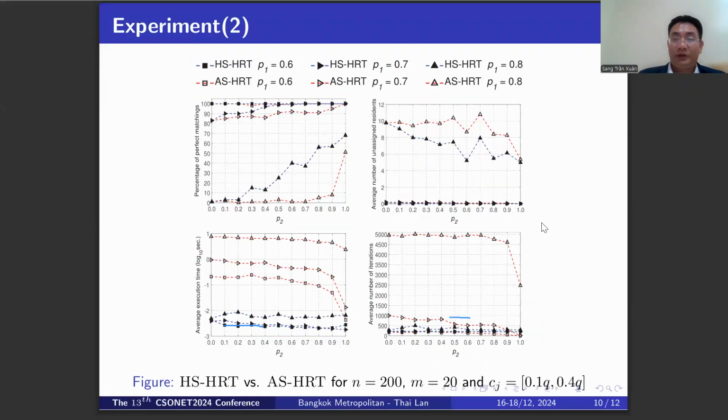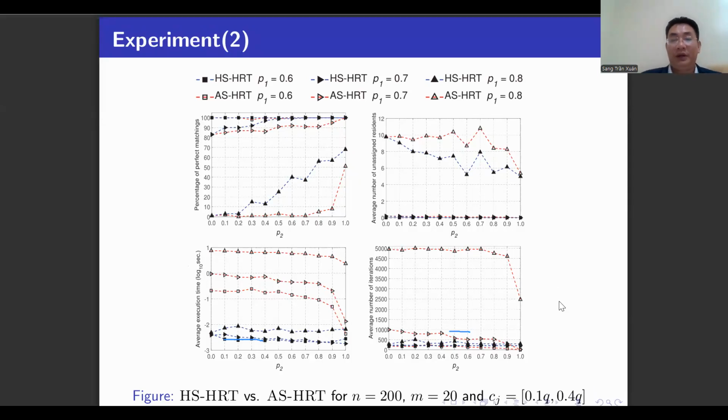For the second experiment, we randomly generated 100 HRT instances with the same combination of values as experiment 1, but with a different hospital capacity. We randomly generate an integer between 0.1Q and 0.4Q, where Q is the total number of residents ranked by hospital H, for all H in the hospital set.